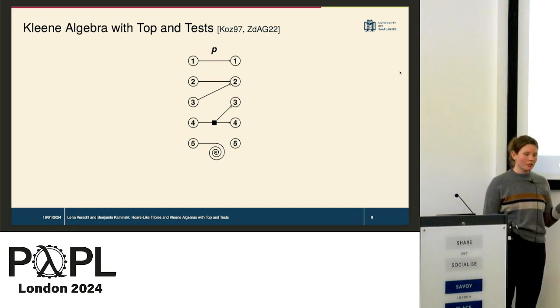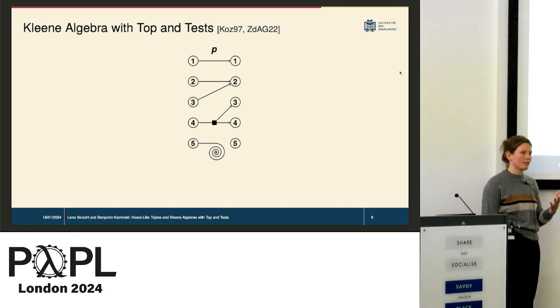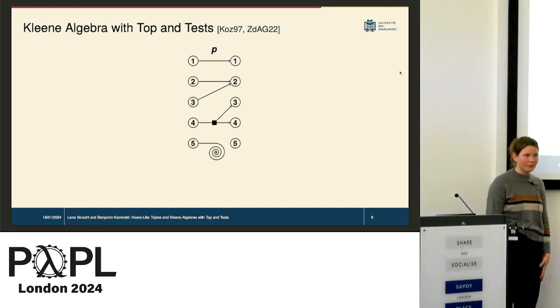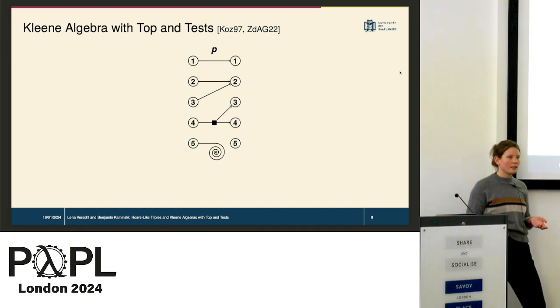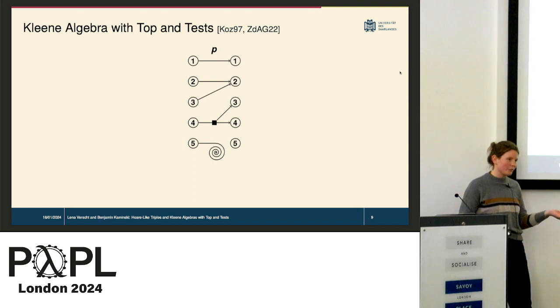In general, a program is modeled as an element of an algebra, and we'll focus on relational algebra, where we can think of a program as a relation over program states, and an initial state is related to a final state if there exists an execution from one to the other.